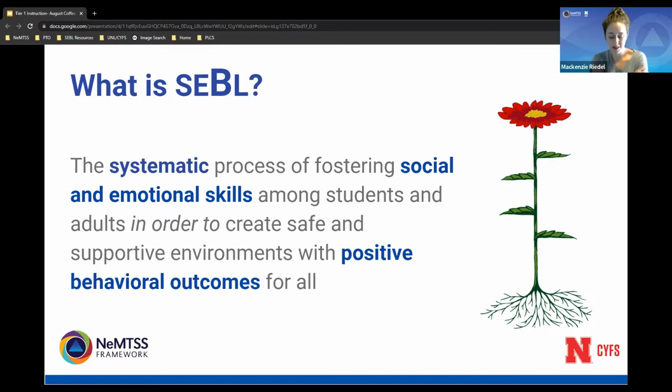And SEBL skills are teachable. I like to think of them as muscles because the more we focus on them and work on them, the stronger they will get. And as we are able to grow and strengthen those skills, that shows up in the way that we behave.